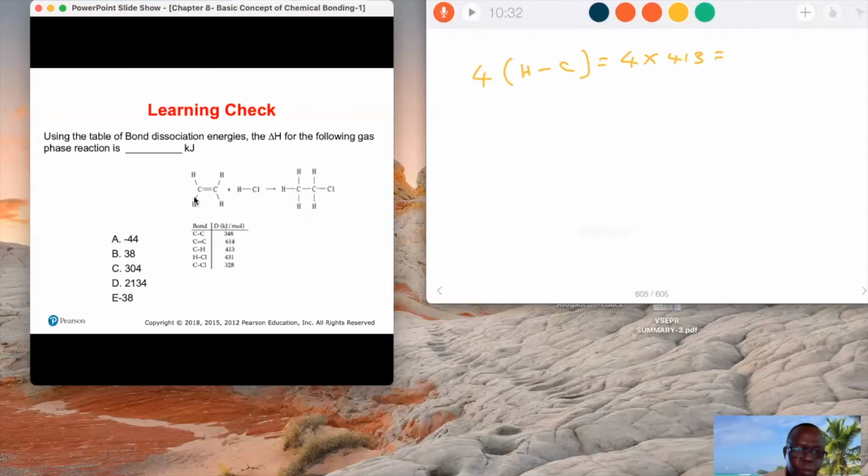This is 1, 2, 3, 4. And then carbon is 1. So 1, this is carbon. So 1 times 614.